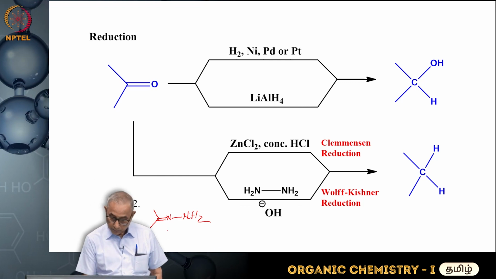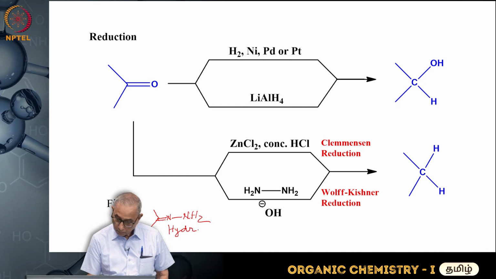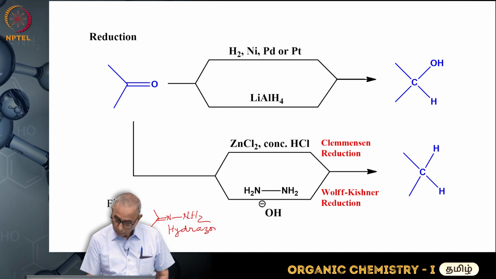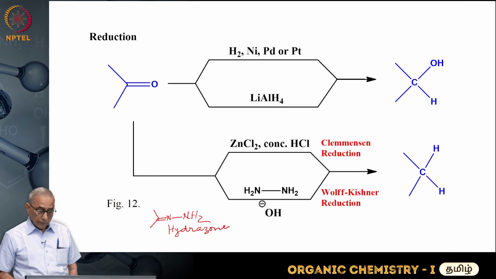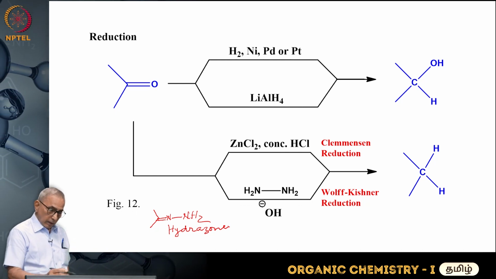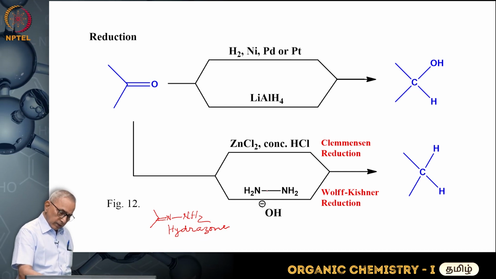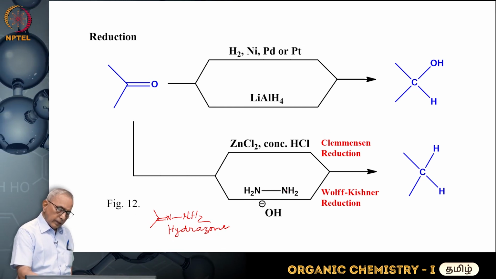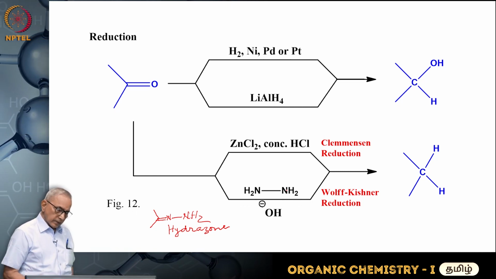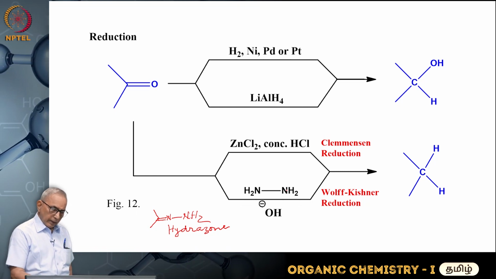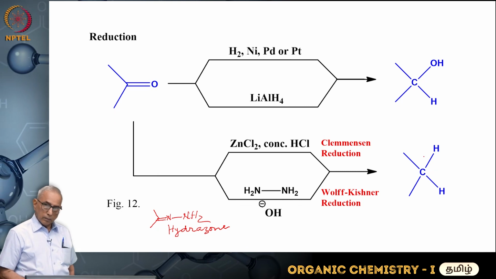You react the ketone with hydrazine, where 2 nitrogens are attached to each other, and hydroxide is also added to the solution. First it forms the hydrazone, then it undergoes rearrangement and gets reduced to form the hydrocarbon.